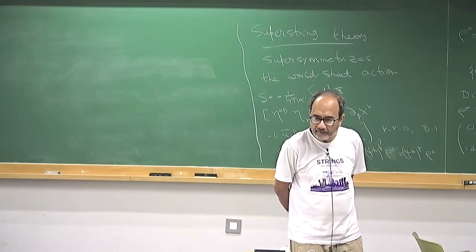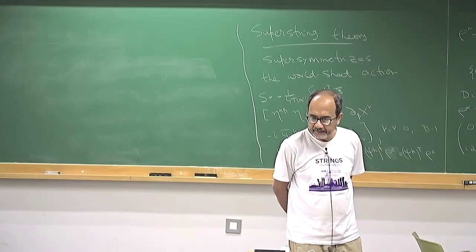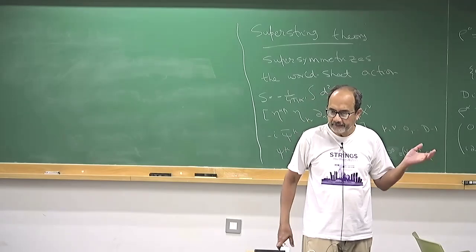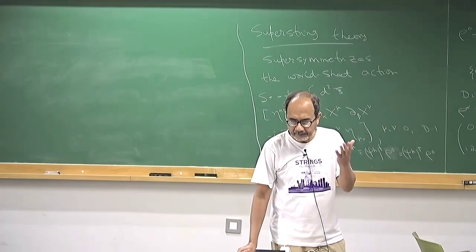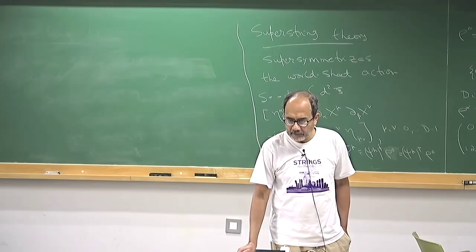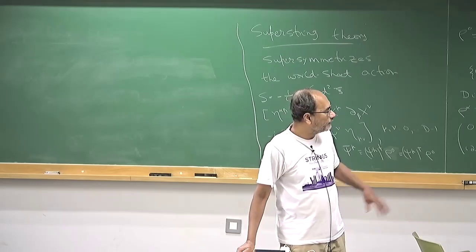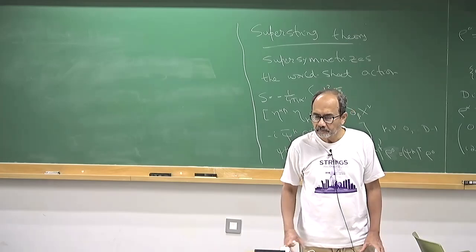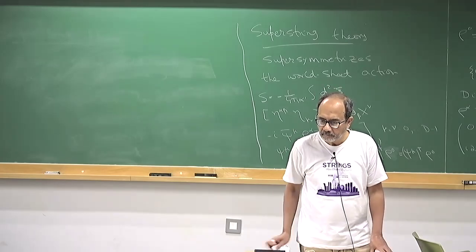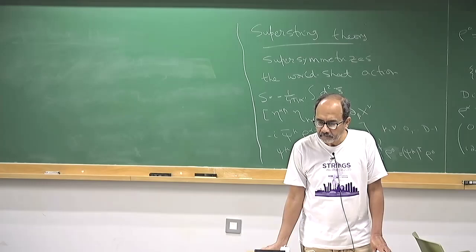Why? Because you want to minimize the number of fields you have to introduce. It's just a choice. This is what defines the theory. When you construct a theory, you have to specify what kind of fermions and bosons you add. I have chosen to add Majorana fermions. You were choosing to add a minimal number of fermions to the original boson theory that you had.